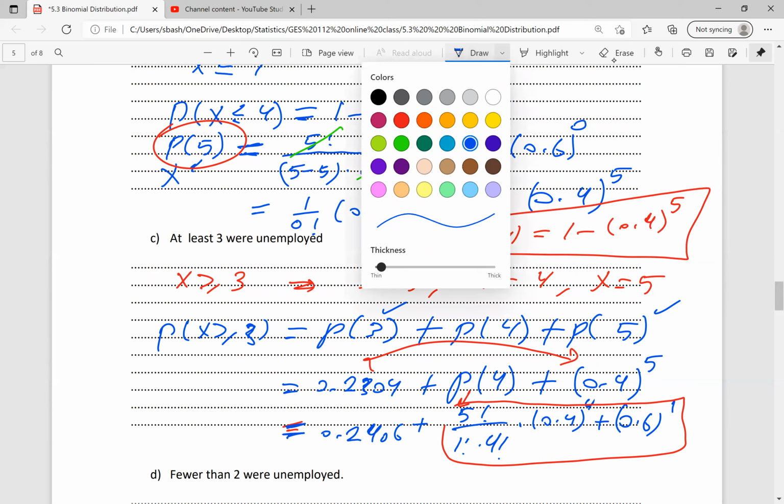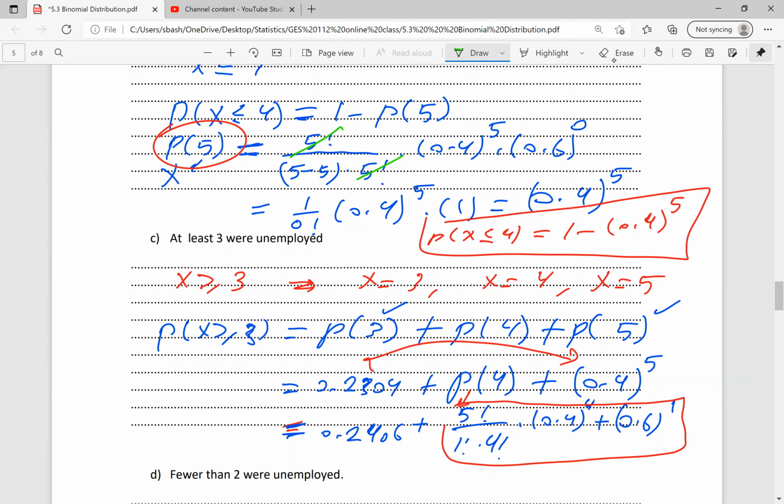We need to find the value, and that will be the probability of getting x at least, or x greater than or equal to 3. Just a matter of calculator to find the value.